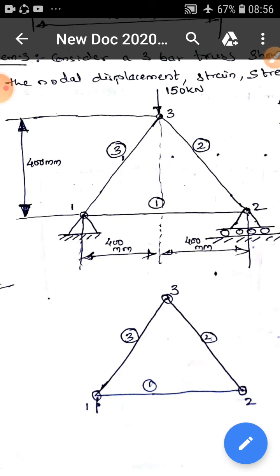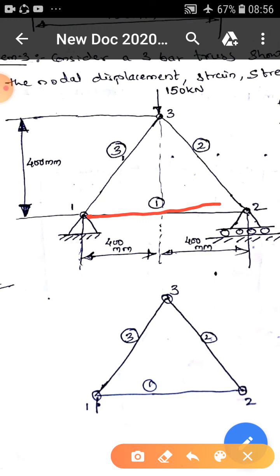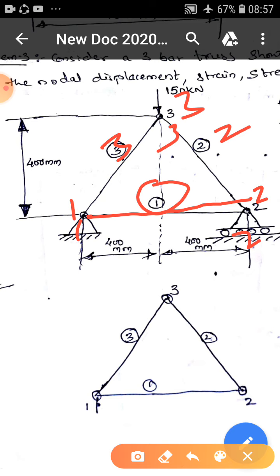See, element 1 is horizontal. Now identify its local nodes 1 and 2 in this step only. You want element 1 to be connected between 1 and 2, element 2 between 2 and 3, and element 3 between 3 and 1. You can do it like this also.